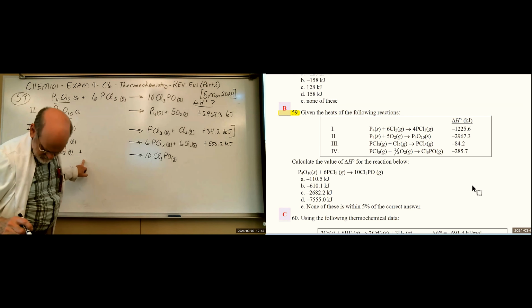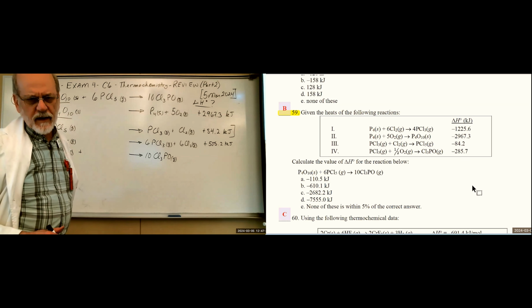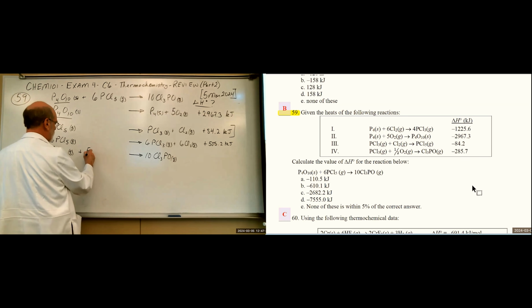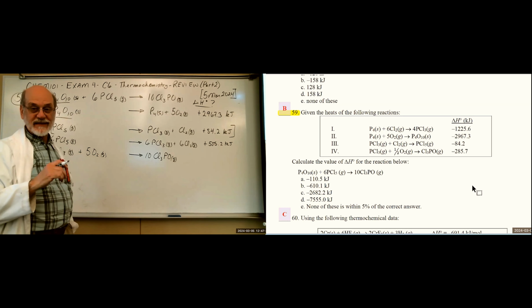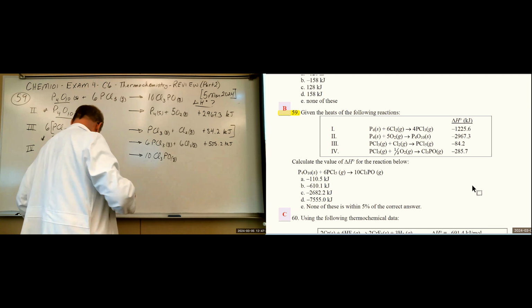And then 10 times a half O2 would be 5 O2s, wouldn't it? And then we multiply 10 times that value. We didn't flip the equation.